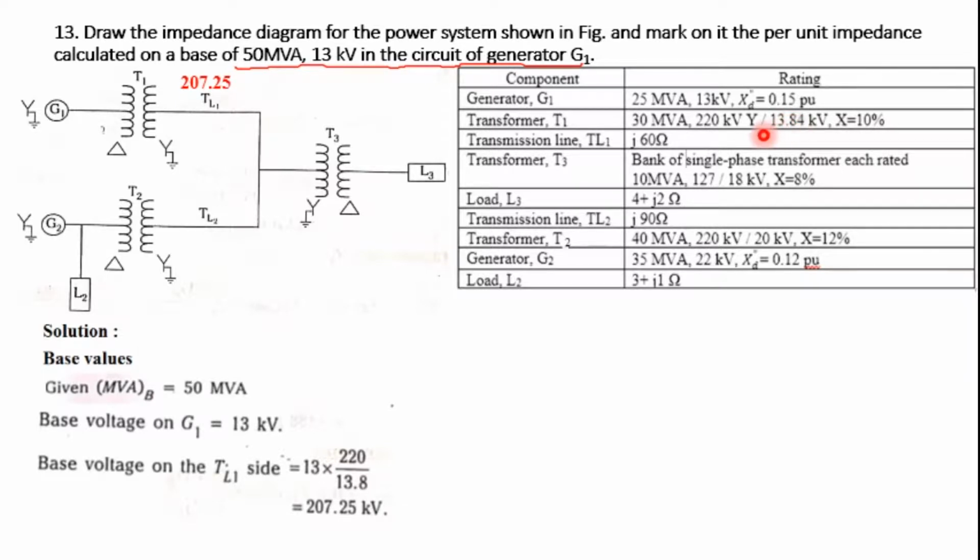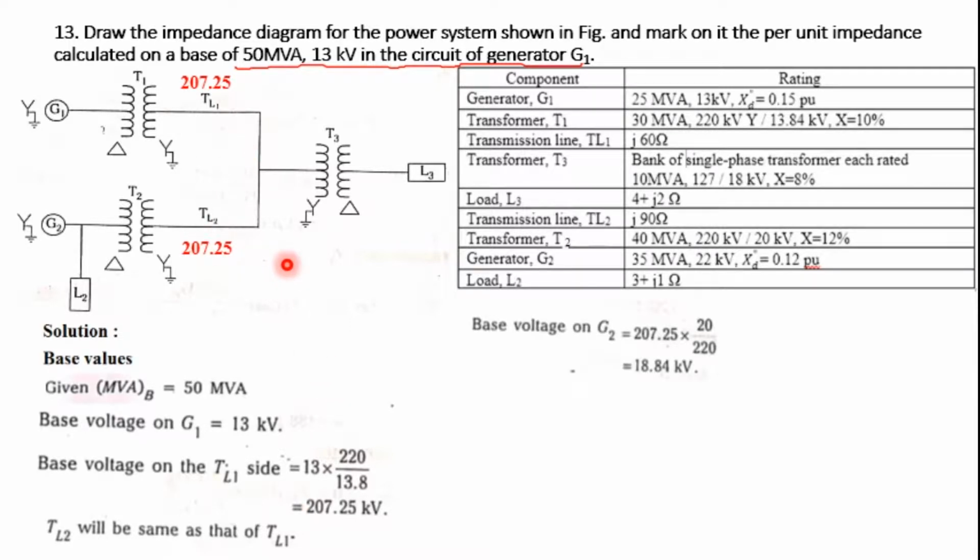Actually we have to consider 13.84, no problem. It is 207.25 kV, the value I will get across the transmission line TL1. This voltage remains the same, and TL2 will be the same as TL1. So this is 207.25.